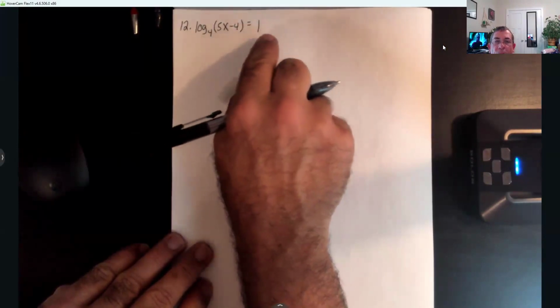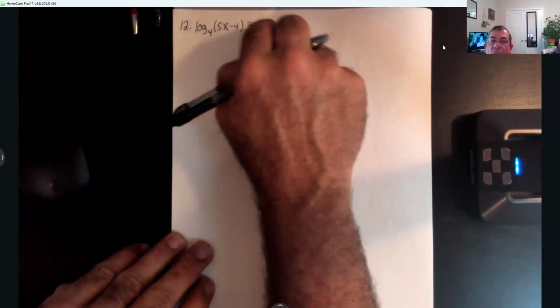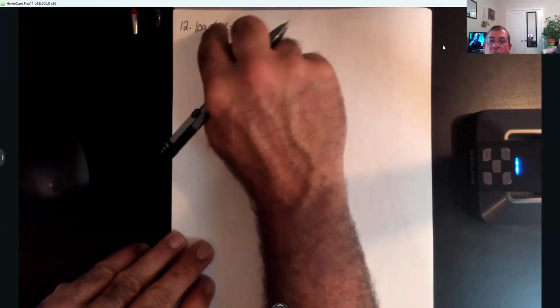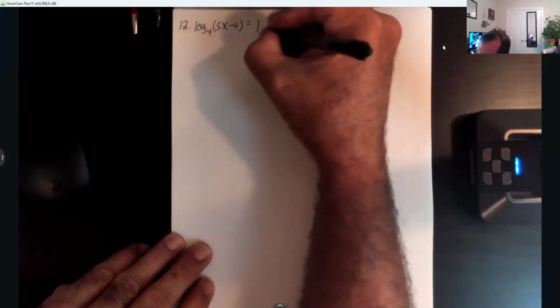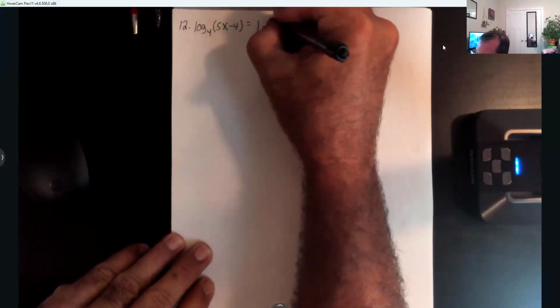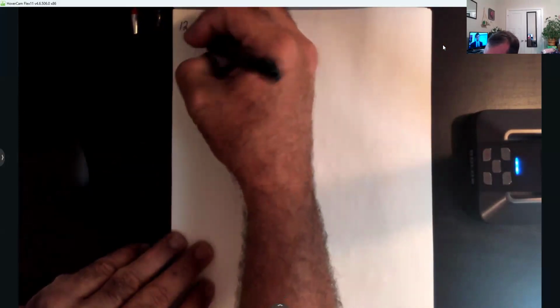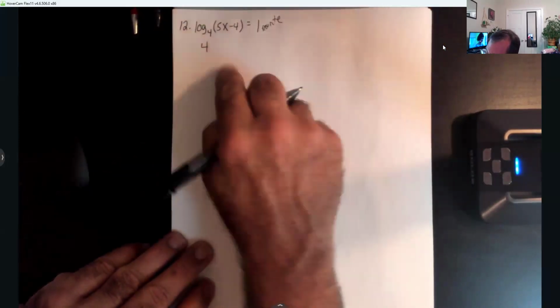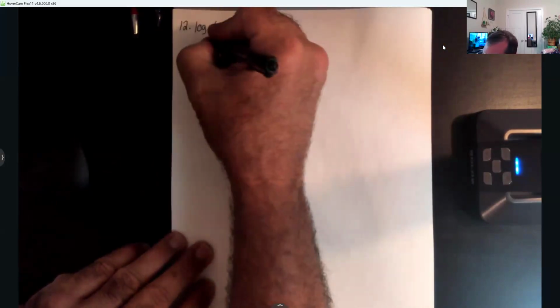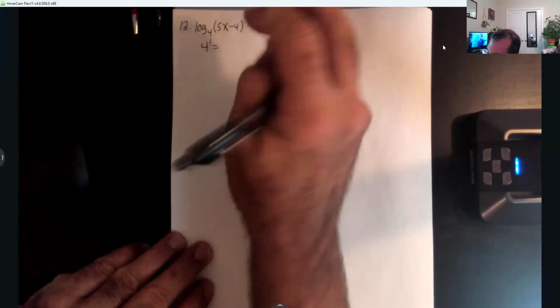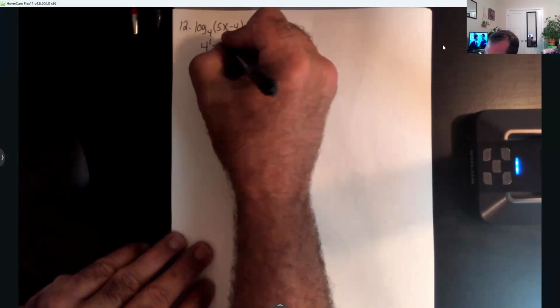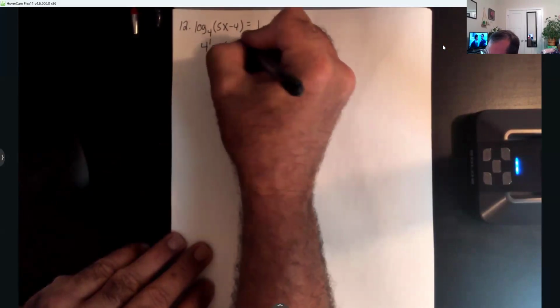I don't have a log equal to a log, so I don't have the log bases equal. So we're going to have to rewrite this one. So your base is a 4. Your exponent is the 1. And that equals your result, which is 5x minus 4.